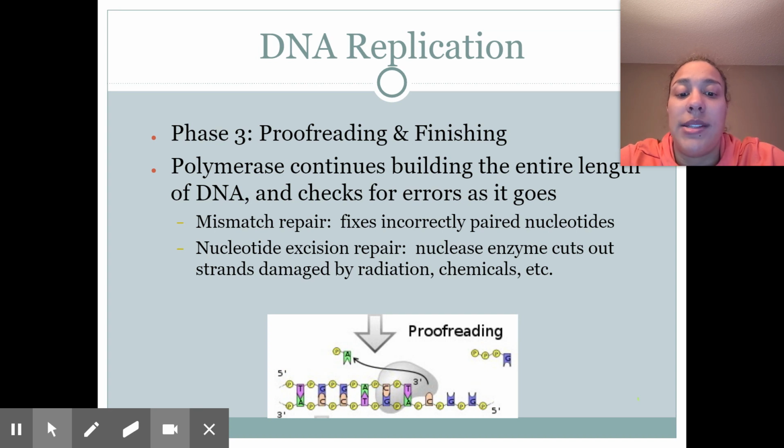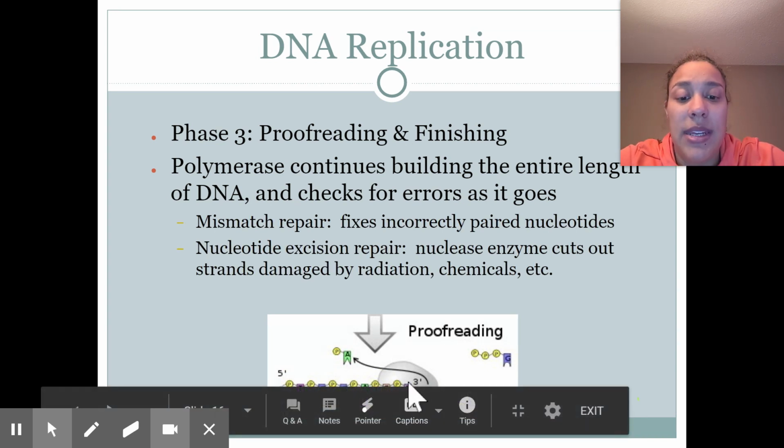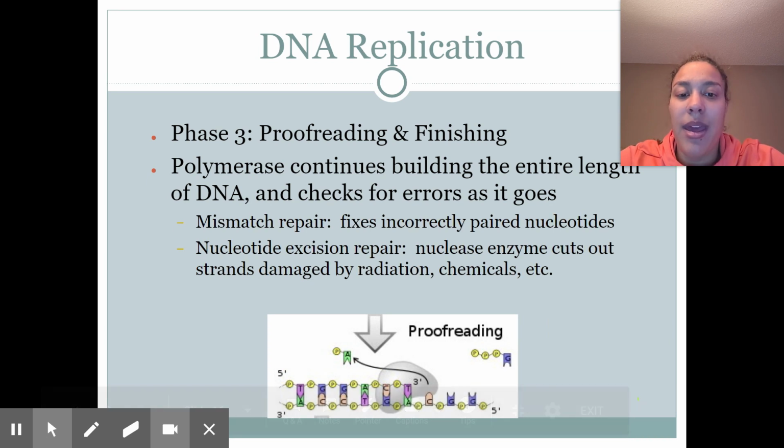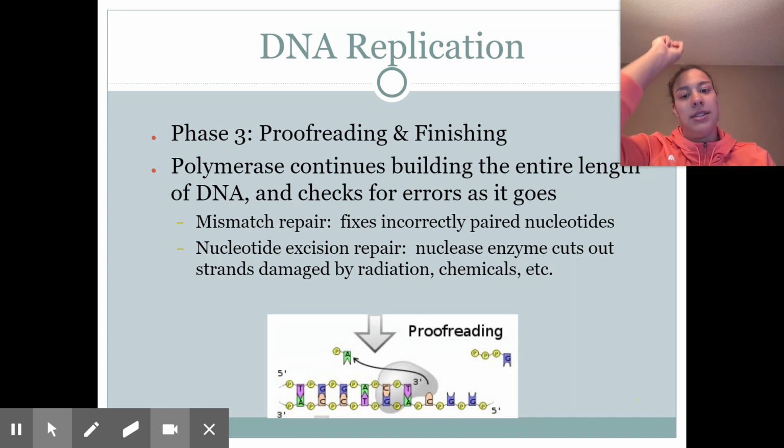So if there is an A paired with a C, like we see down here, it'll go through and take an axe and chop out the old base. It'll find a new one and say G actually goes here, and plop that into place. It will bring in ligase and seal it in the proper location. So if there's any damage, DNA polymerase 1 does the corrections and the changes.